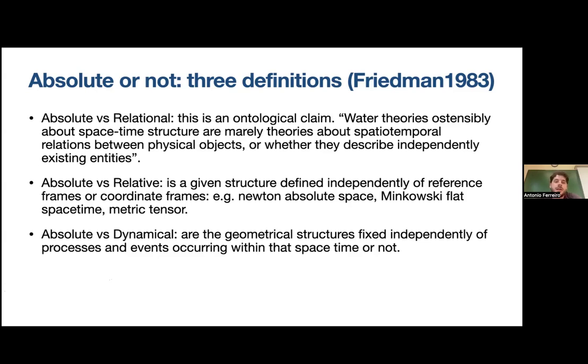For example, we could say that absolute space, if you remember, we defined it in terms of this vector field, then that's a completely absolute structure because it's independent of coordinates, but so is the metric in this definition because they are independent of reference frames.